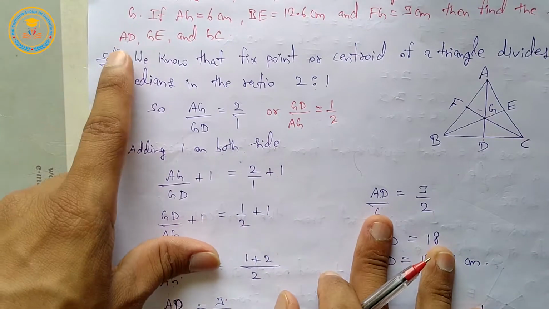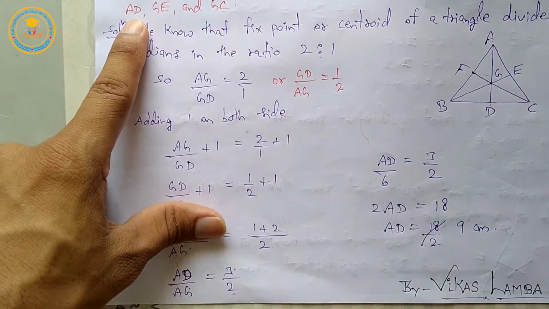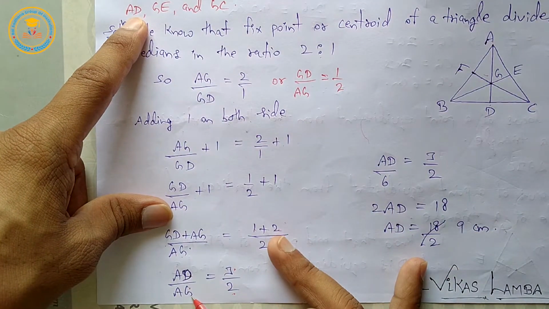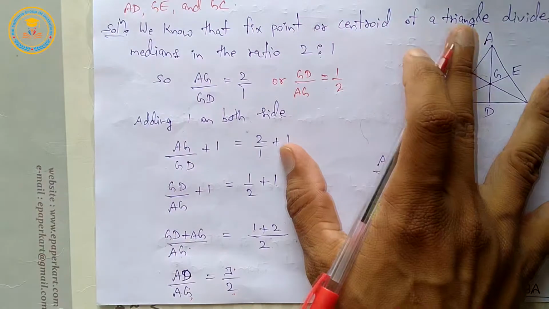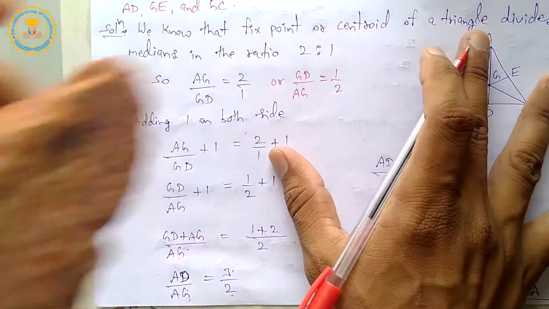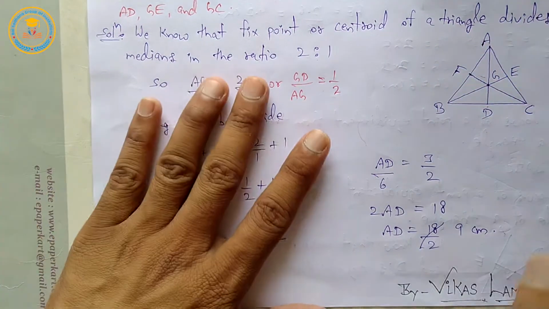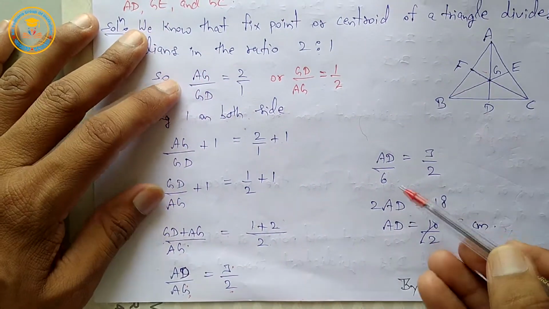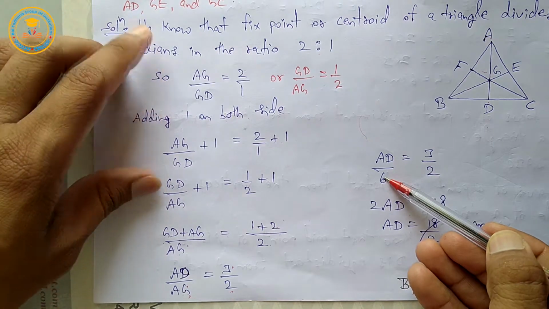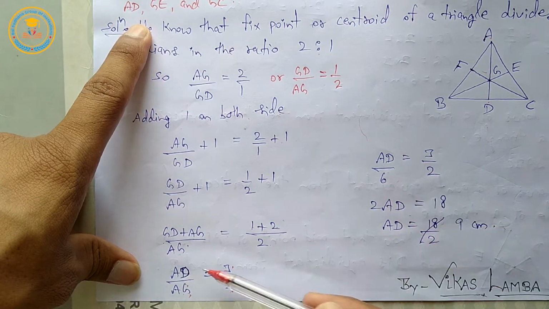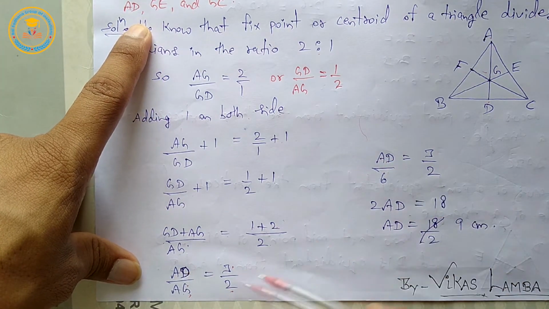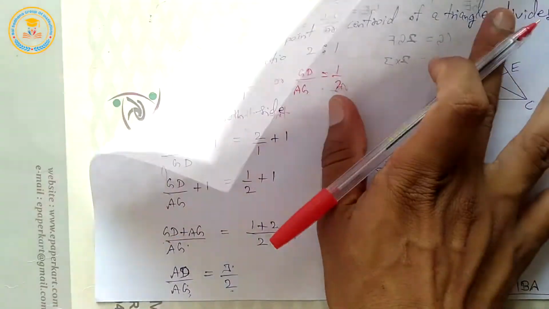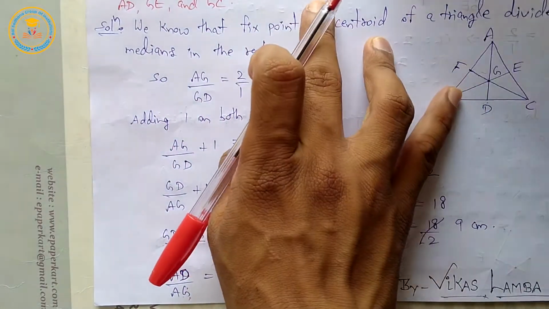By cross multiplication, AD multiplied by 2, so 2AD equals 3 multiplied by 6, 18. AD equals 18 divided by 2, which means 9 centimeter. Answer.